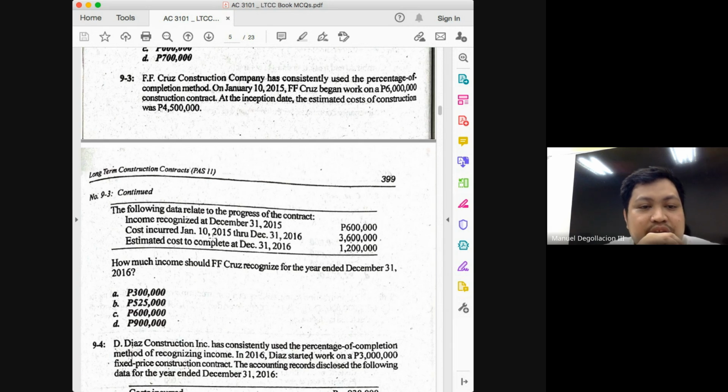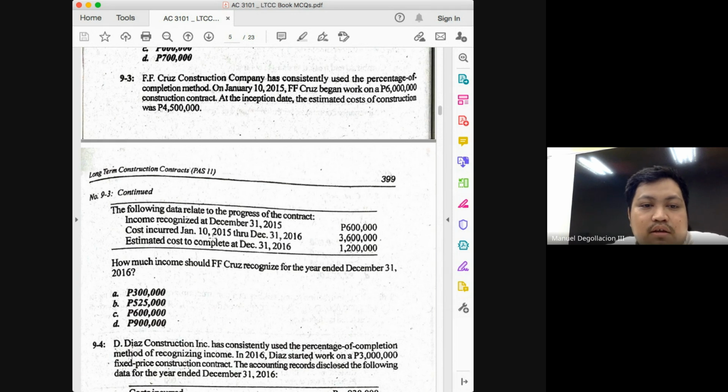So the income recognized last year is actually the previous year's cumulative RGP. Deduct it from the 900,000. So 900,000 minus 600,000, you will have RGP for year 2 in the amount of 300,000.